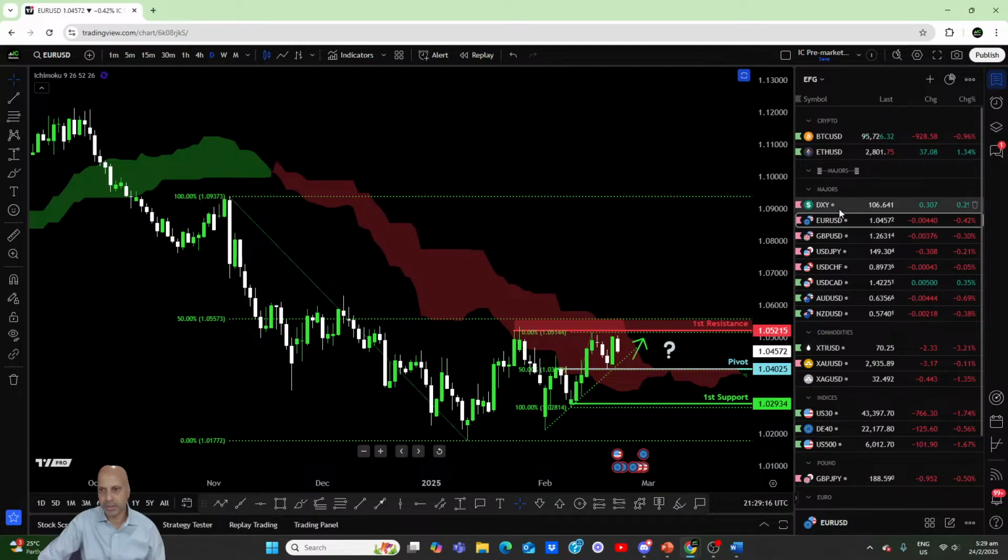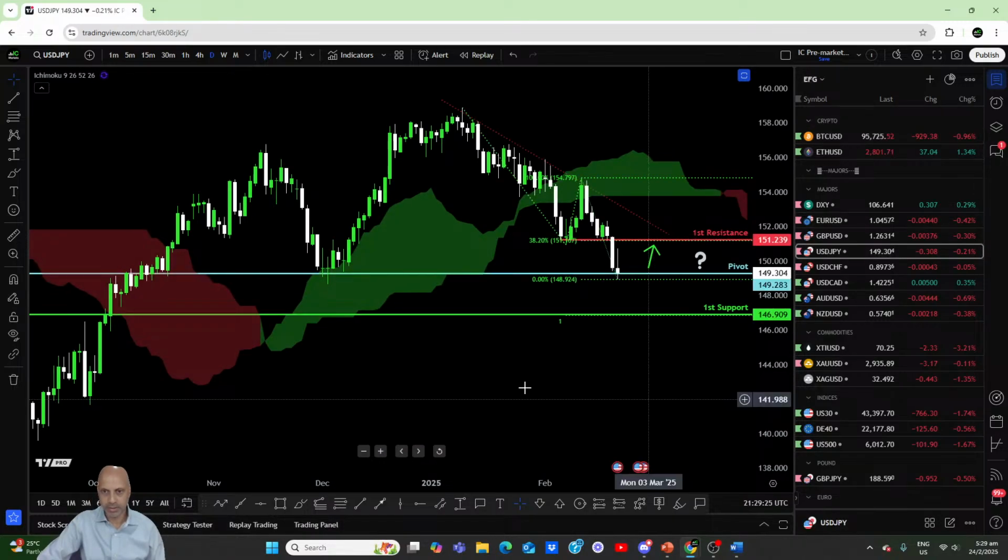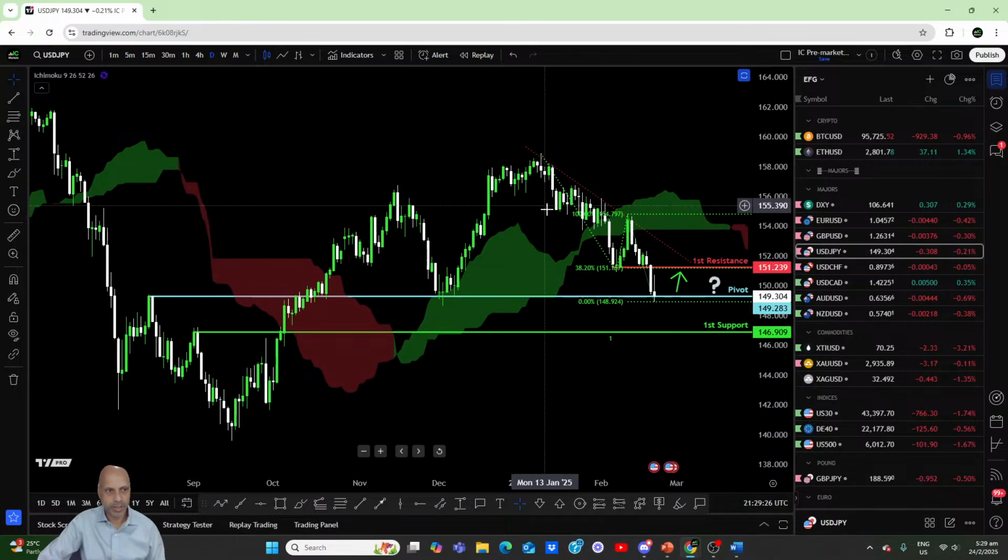Alright, so we've covered dollar index, the Aussie, the euro. Let's touch on dollar yen, and then we'll move on over to the cryptocurrencies. Looking at dollar yen, we've actually seen demand for the yen increase quite significantly since 10th of January.